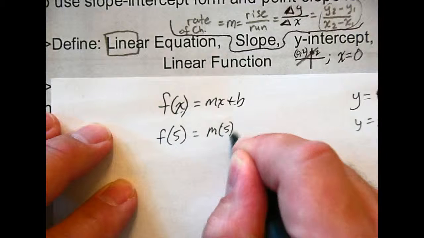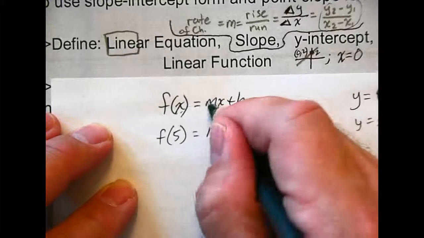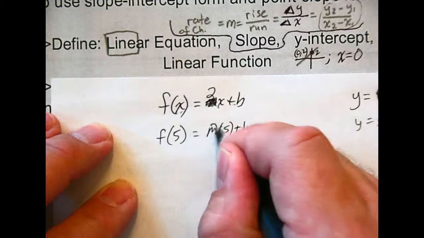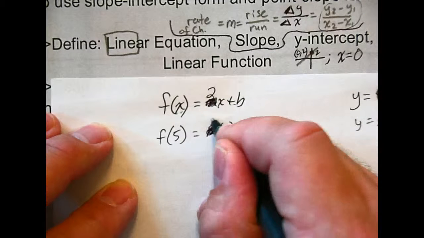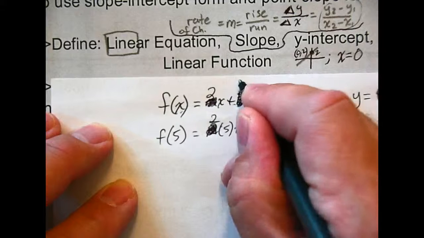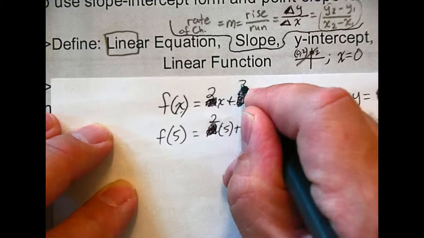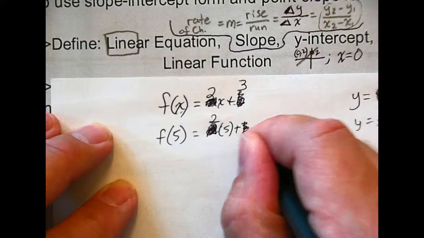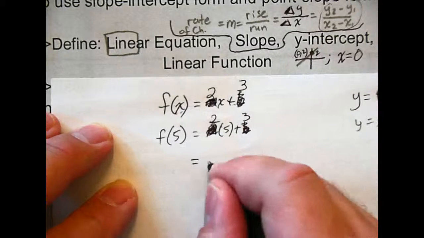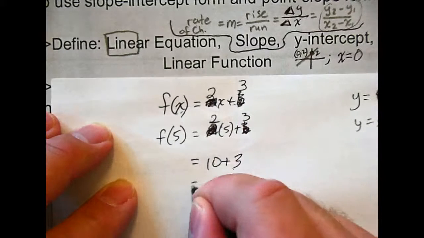m times 5 plus b. Hopefully you'd actually have numbers. So let's pretend for a minute m isn't m, and let's say it's 2. So you'd have 2 times 5, and let's pretend for a minute b isn't b. Let's call it 3. So when you plug in f of 5, that's actually 10 plus 3, or 13.